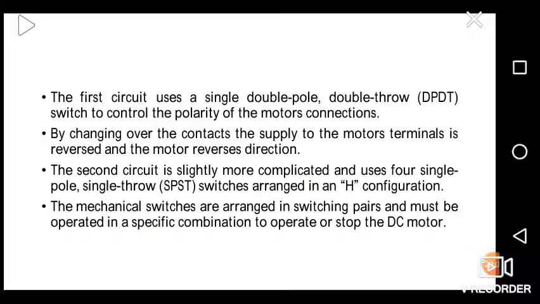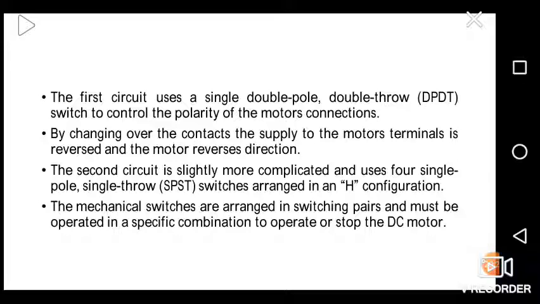The first circuit uses a single double pole double throw switch to control the polarity of the motor connections. By changing over the contacts, the supply to the motor's terminals is reversed and the motor reverses direction. The second circuit is slightly more complicated and uses 4 single pole single throw switches arranged in an H configuration.